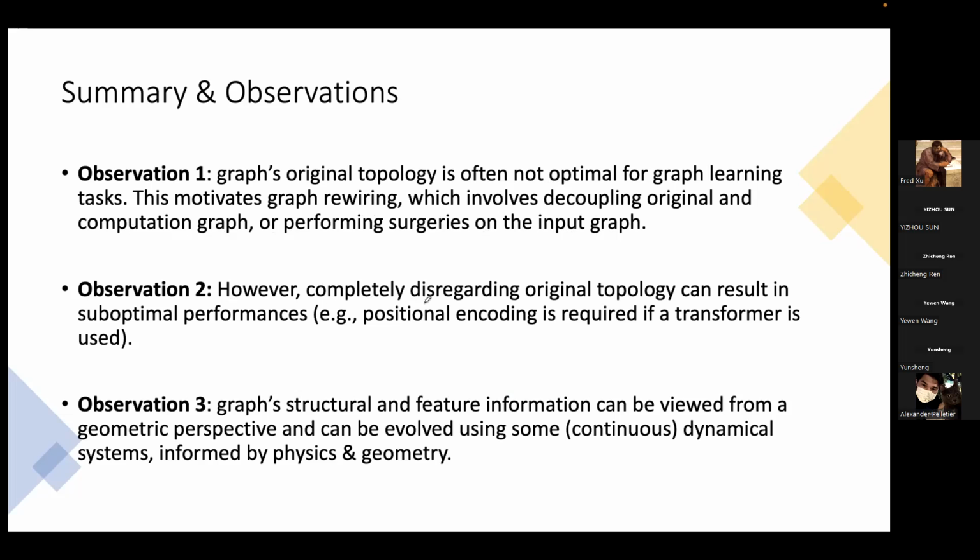However, you cannot simply disregard the original topology. Even if you, for example, use a transformer and a fully connected graph, you need to add positional encodings. And then the third one is that recent work has opened the door to view graphs as a more geometrical object, which would open the door for a richer set of mathematical tools.